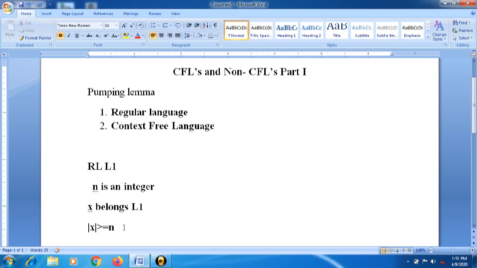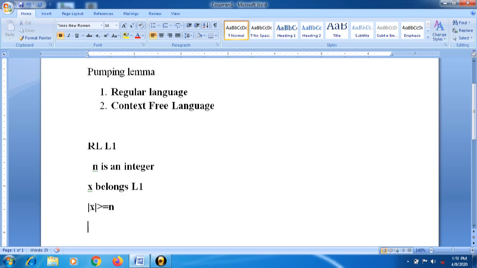And after that there exist u, v and w which also belong to the given string x, and that string is generated by the given input set. Suppose there are two values in the input set, sigma equal to 0 1.